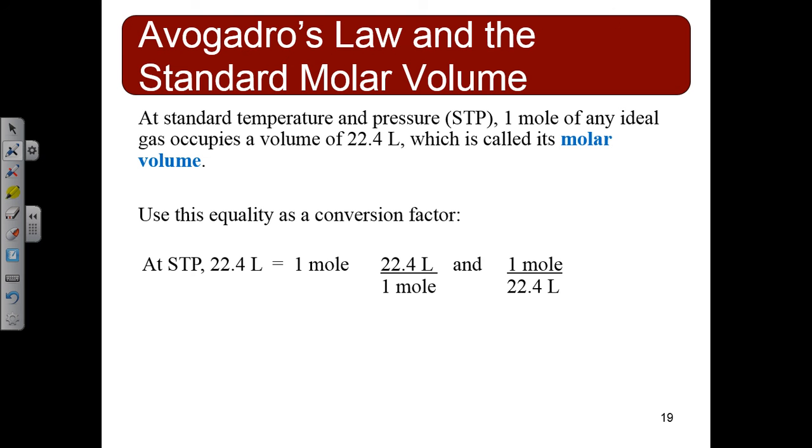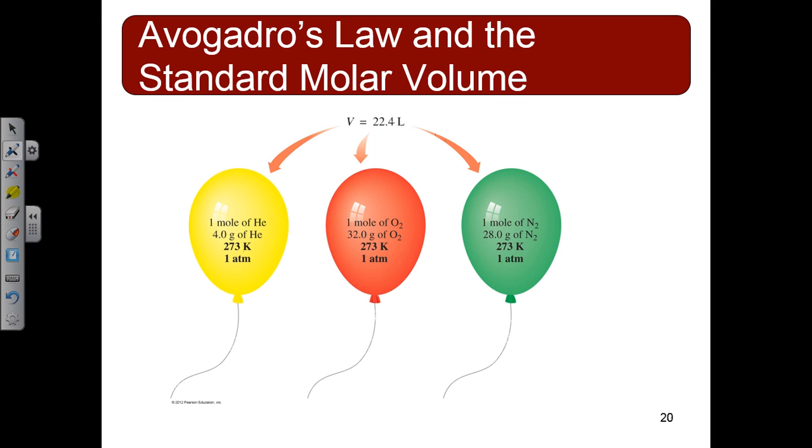So this is unique. Let me show you a little picture to give you an idea. I can take 1 mole of oxygen, nitrogen, helium, hydrogen, argon, doesn't matter. If I'm at STP, they're all going to occupy the same volume. Here this balloon represents 22.4 liters.